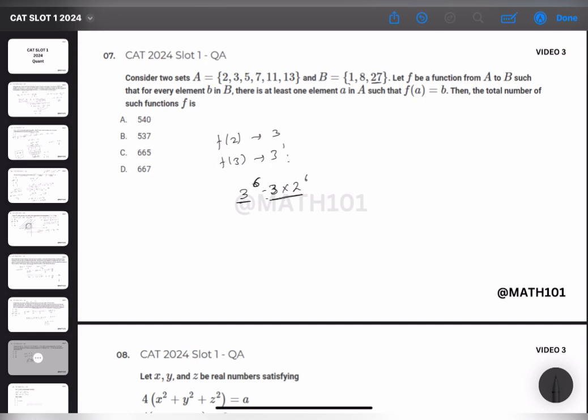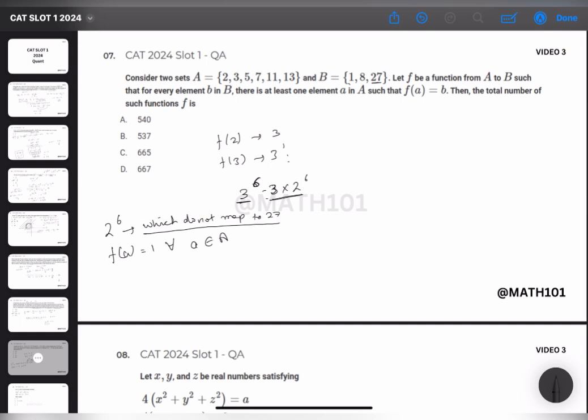So in these 2 to the power of 6 functions which do not map to 27, there is also one function which maps only to 1. So f2 is equal to 1, f3 is equal to 1, f5 is equal to 1, and so on. So f(a) equals 1 for all a in A. Convince yourself, because this function satisfies the statement that it does not map any value of A to 27.